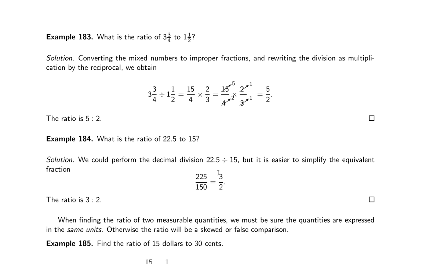If you multiply top and bottom by 10 here, you can make the top a whole number. So we get just a regular fraction, and then simplify it. There's a common factor 75. You can cancel, so 3 over 2. And you get the same thing.